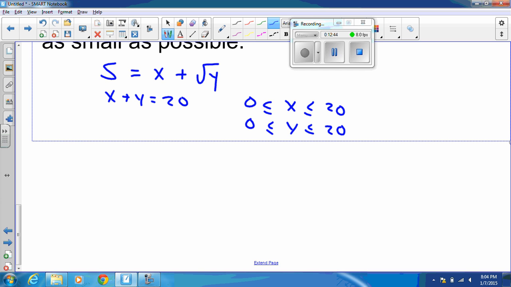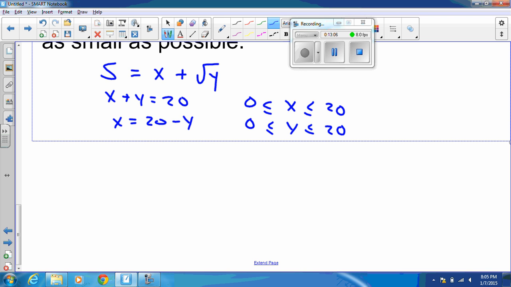Now, in order to maximize or minimize the sum, I need to pull off a little bit of substitution. Question: should I substitute for x or substitute for y? If I look ahead just a little bit, if I substitute for x, I get a slightly simpler expression.